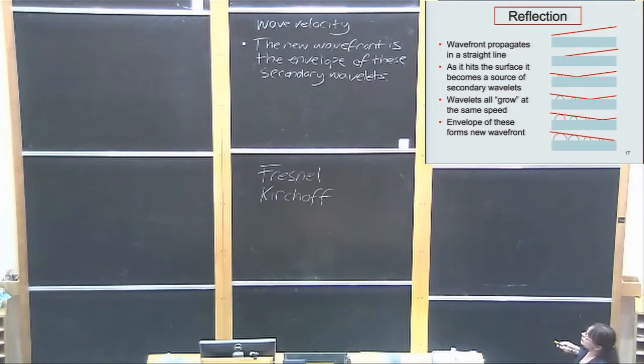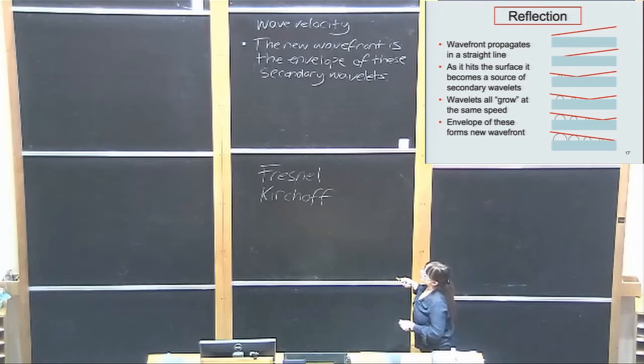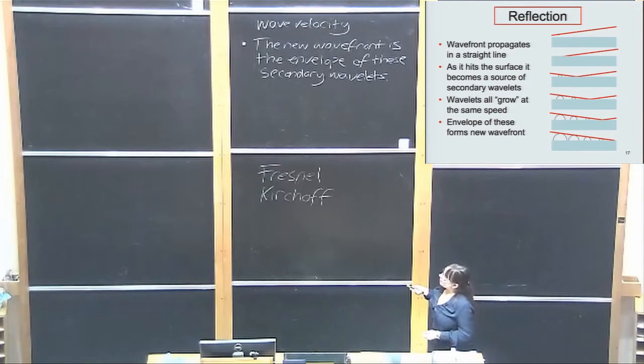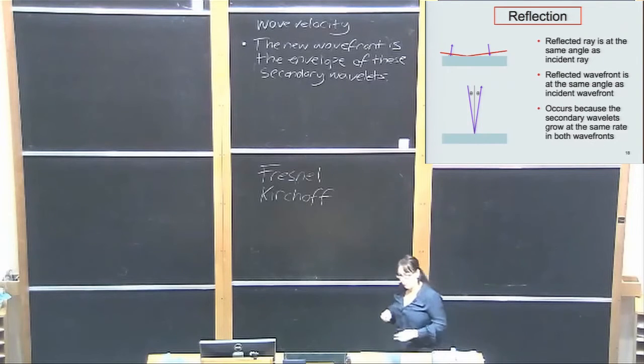The new wavefront is the envelope of these wavelets, as we've just said. And because these wavelets are traveling in air just the same as the incoming wave, they're all growing at the same speed. We'll do the geometry in a minute, but hopefully you can intuitively see that that must mean the wavefront is coming out at the same angle as the incoming one was going in.